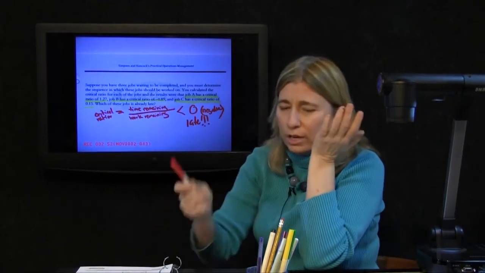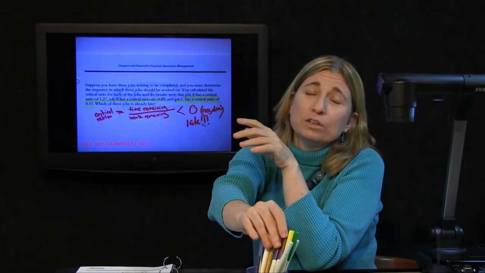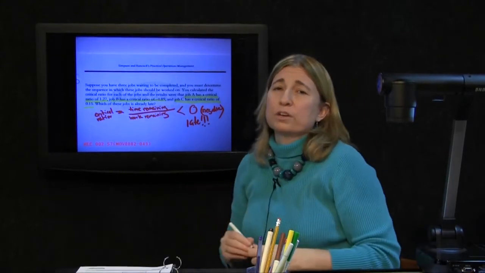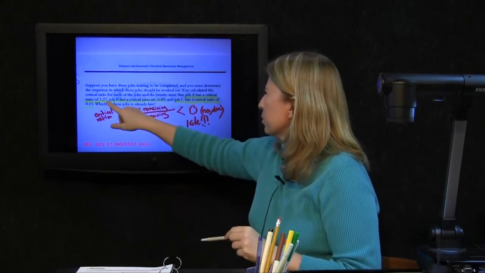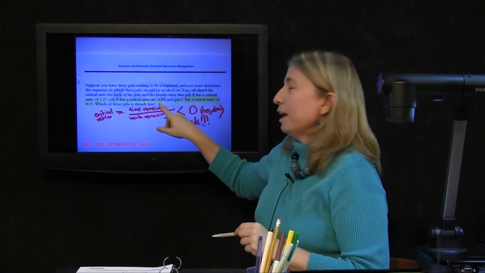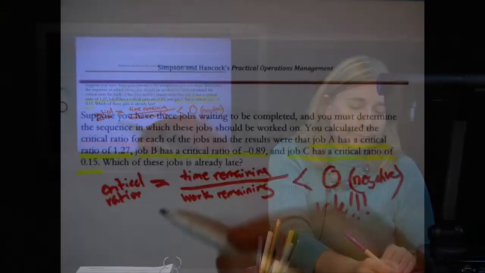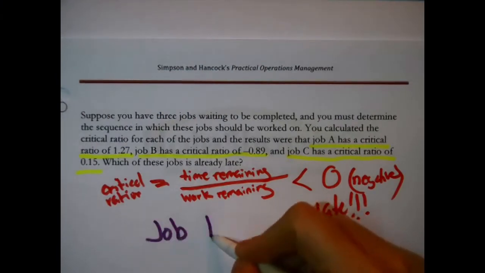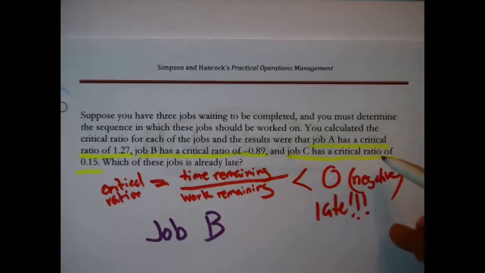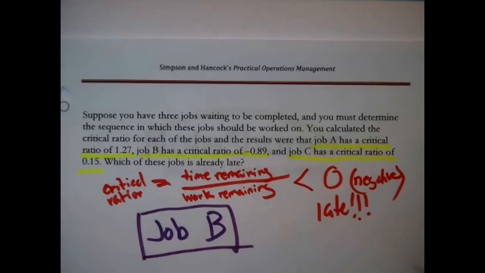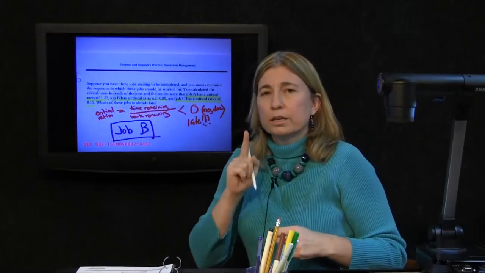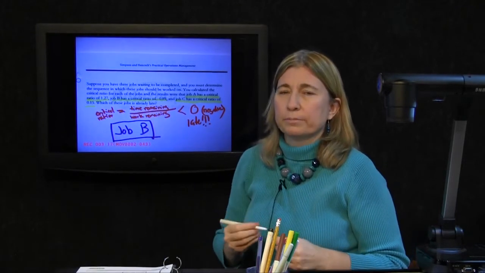So to answer this question, you just look for which jobs have a negative critical ratio. A, 1.27, nope. B, negative 0.89, job B. C, no, it's not negative. So negative critical ratio means late.